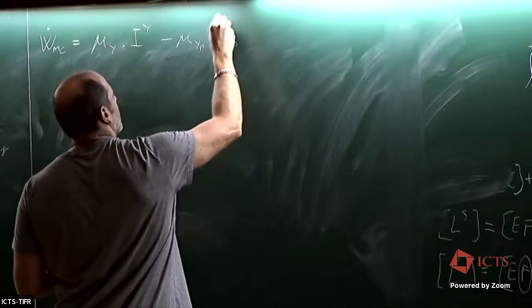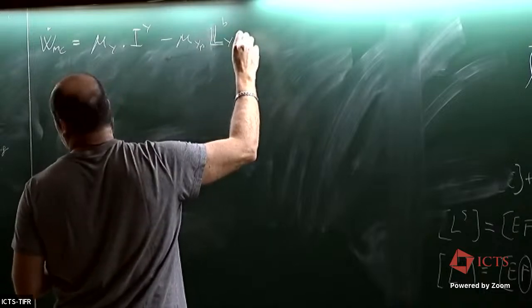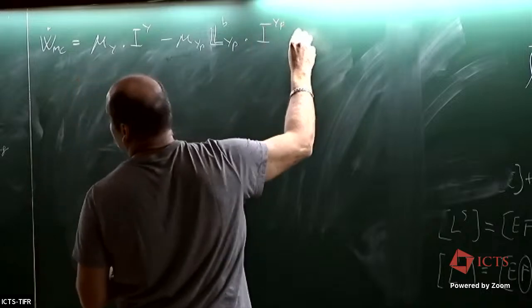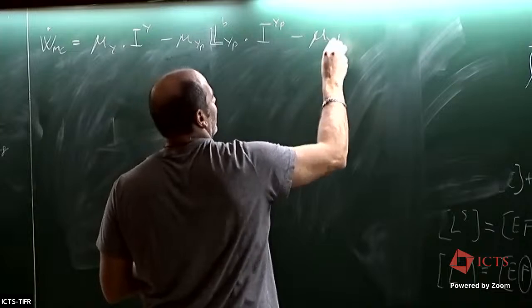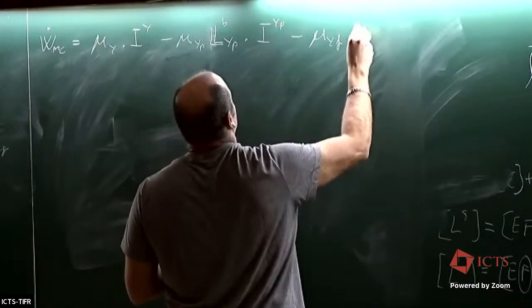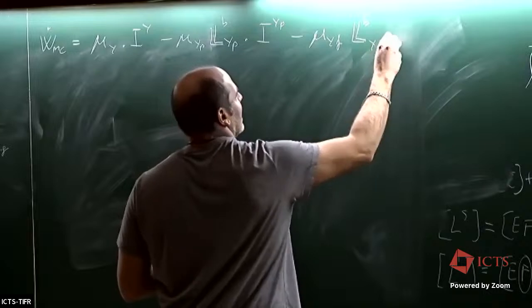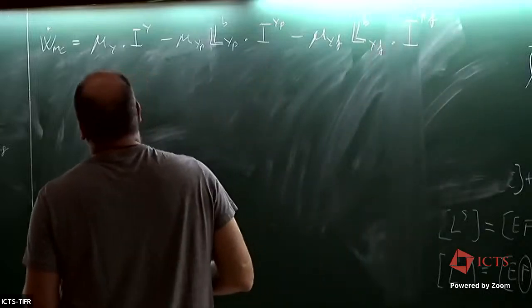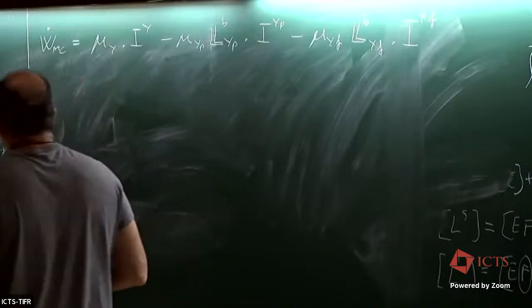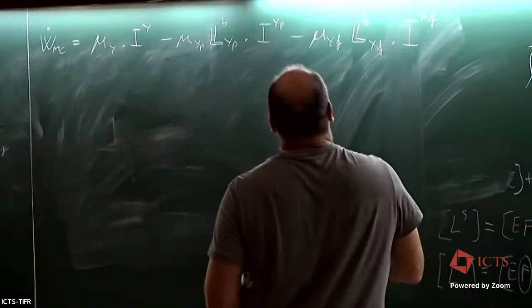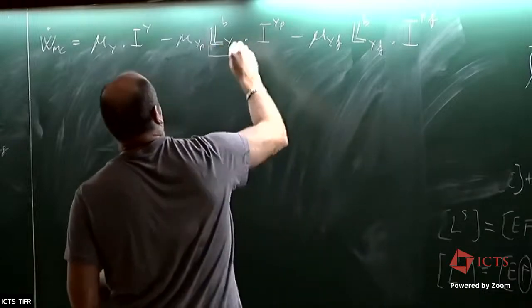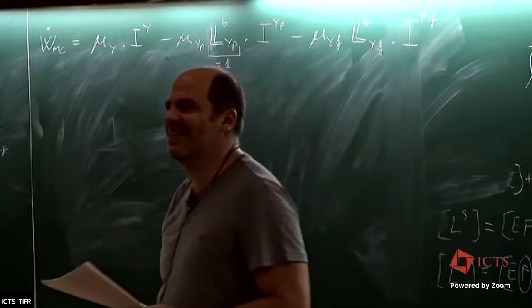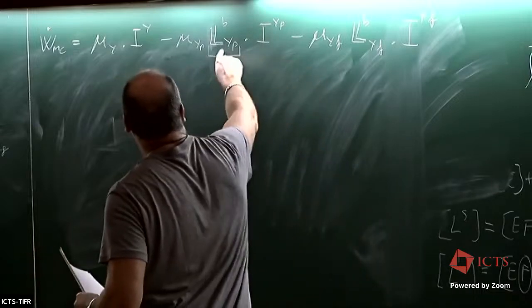Lyp times Iyp minus mu Yf Lyf times Yf. Yes, that's it. And remember what the whole thing that confused you all was to get this equal to 1, the identity here.